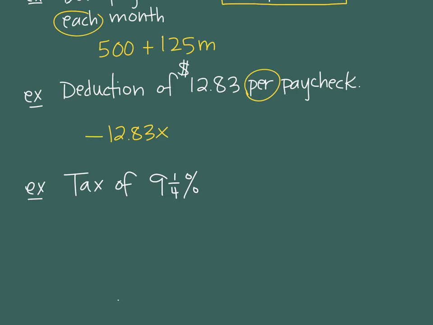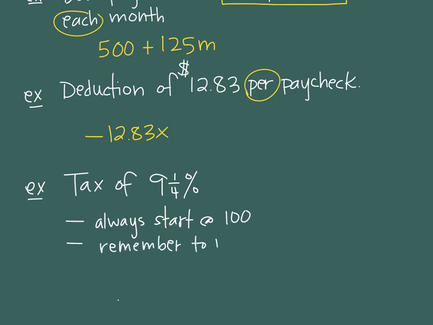And percentages also always start at 100. So a couple things about percents you need to know: always start at 100, remember to move the decimal, and the last one, add a variable.